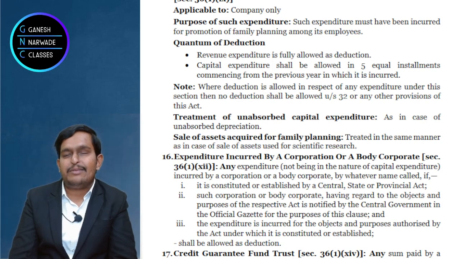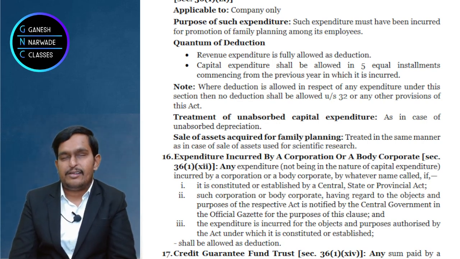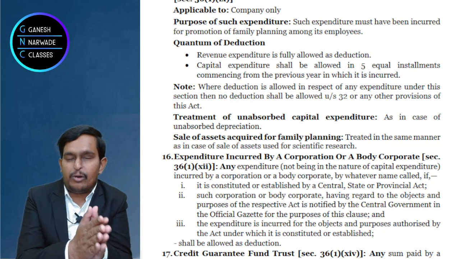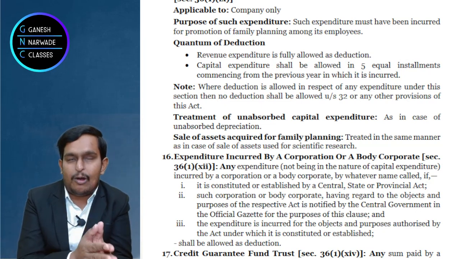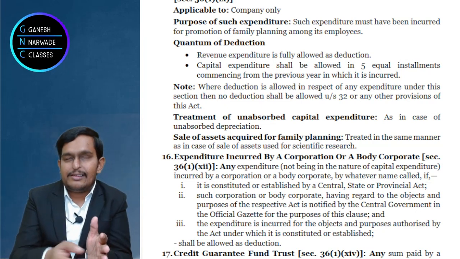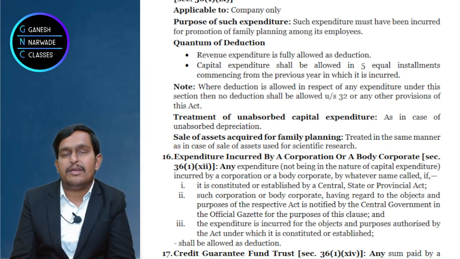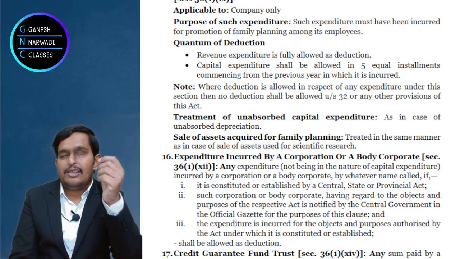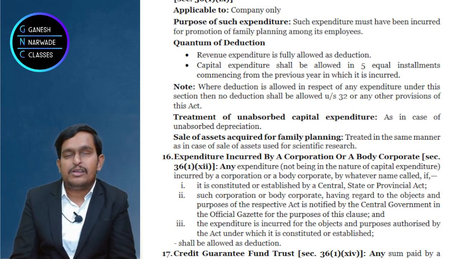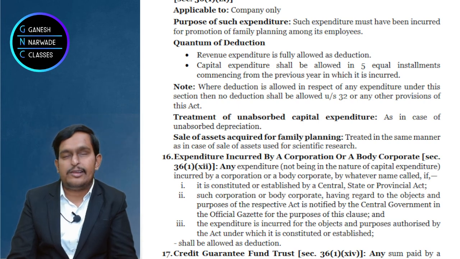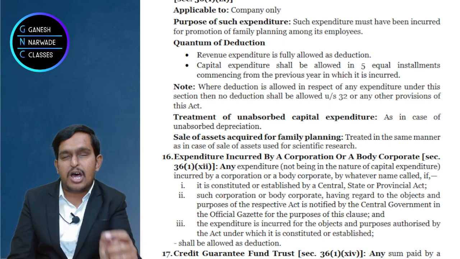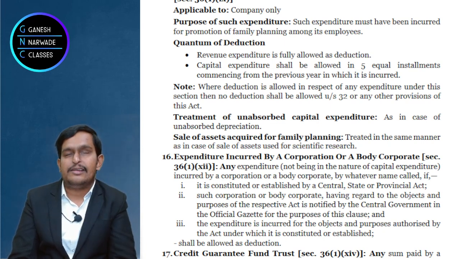It will be the same as unabsorbed depreciation. You can claim this amount which you are not able to deduct now in the next year, in the further next years. For an unlimited number of years you can claim it as deduction. Till you exhaust the entire amount, you have the option to claim it as deduction. So there is no restriction on the number of years also. Same like unabsorbed depreciation, you can claim it as deduction.